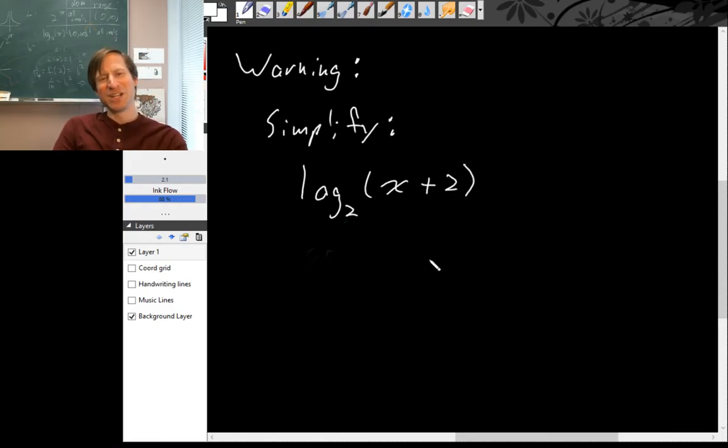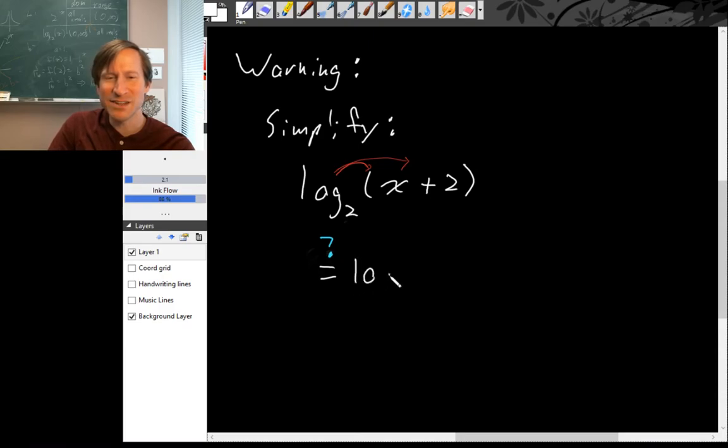So looking at something like this, we're so used to, on the one hand, using properties of logarithms to mess around with the stuff inside of the logarithm, and also we're so used to distributing things that it's easy to think that, hey, couldn't we write this as log base 2 of x plus log base 2 of 2? Is that right?